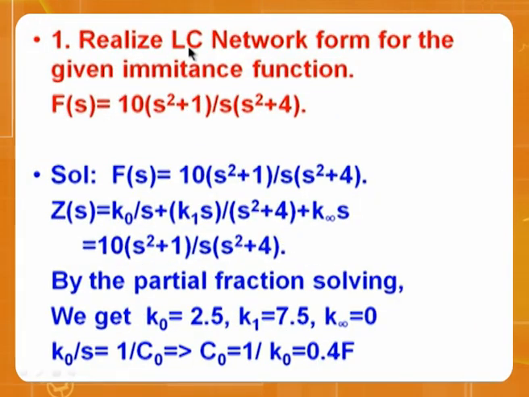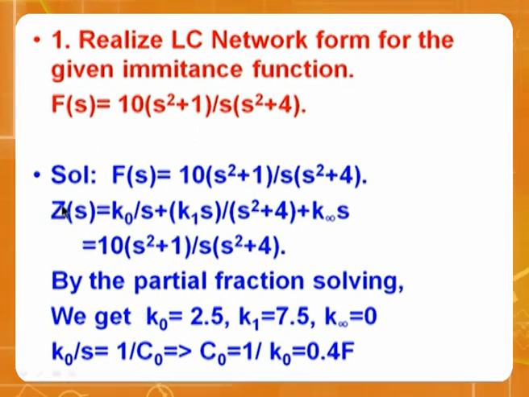Look at the first problem, question number 1. Realize an LC network for the given immittance. As I said, 10 into (s square plus 1) by s into (s square plus 4). Suppose this is your function given. You can write K0 by s, K1 into s by s square plus 4, and so on. If you take partial fractions, you will get these values. What is K0?